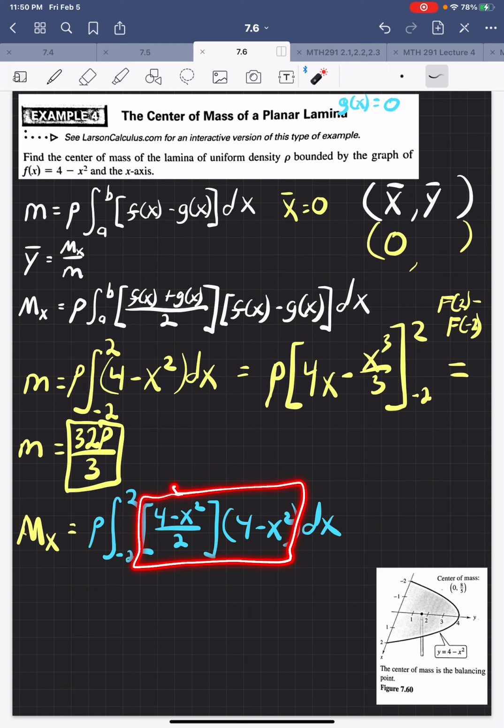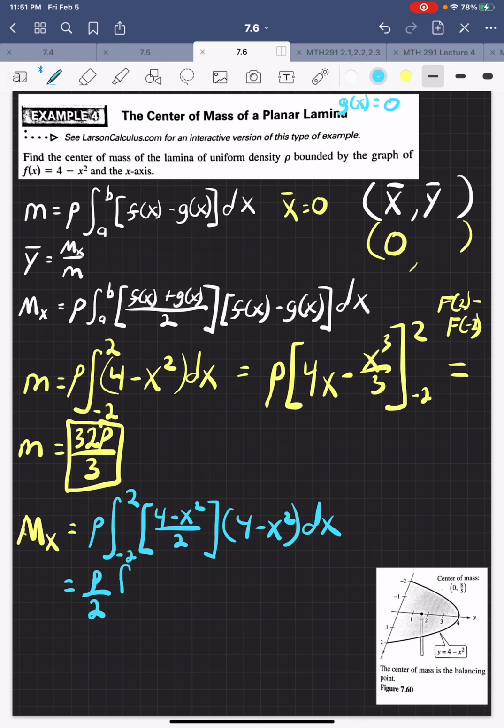I'm just going to FOIL it out. This dividing by 2, that's the same thing as 1/2 times. So I'm going to bring that 1/2 out front. So rho times 1/2 is just rho over 2. Still integrating from -2 to 2.